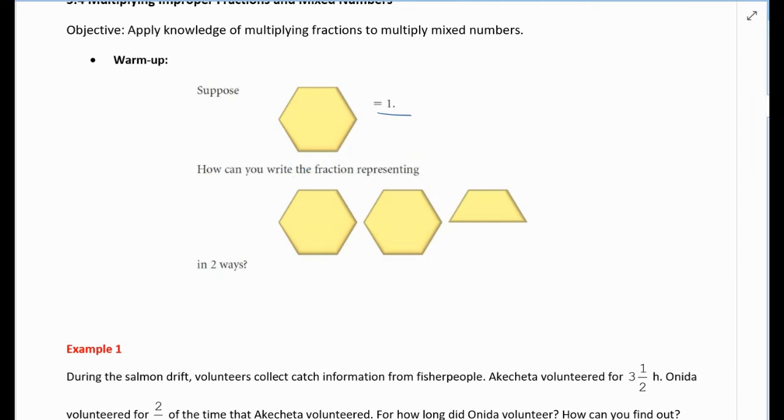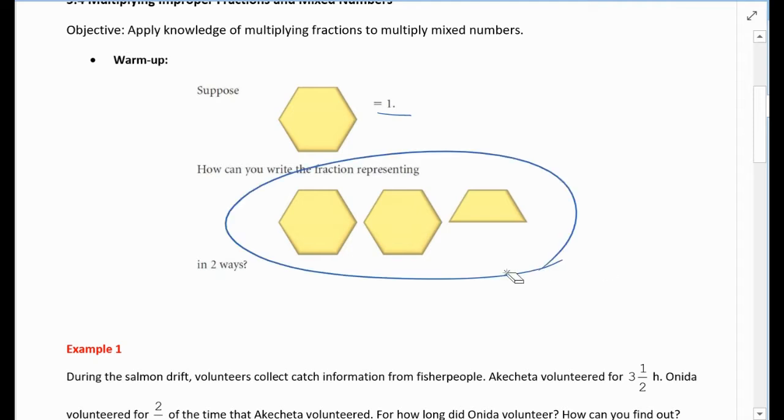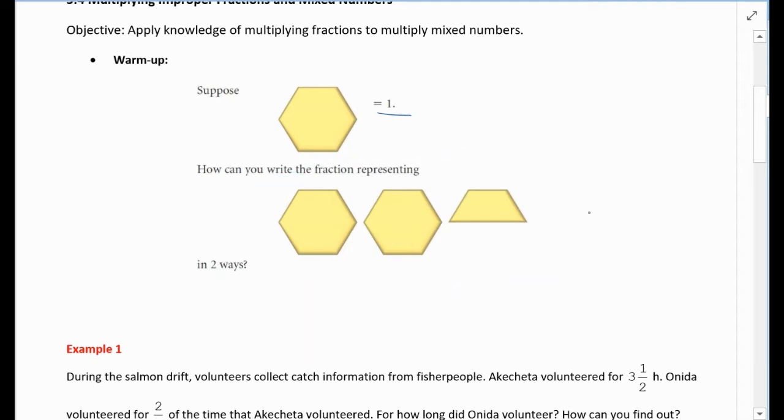Okay, everyone, this is 2.5 hexagons, and we can just represent it as it is, 2.5. Or we're going to draw a line in the hexagon, and so this is 2 out of 2, 2 out of 2, and 1 more.